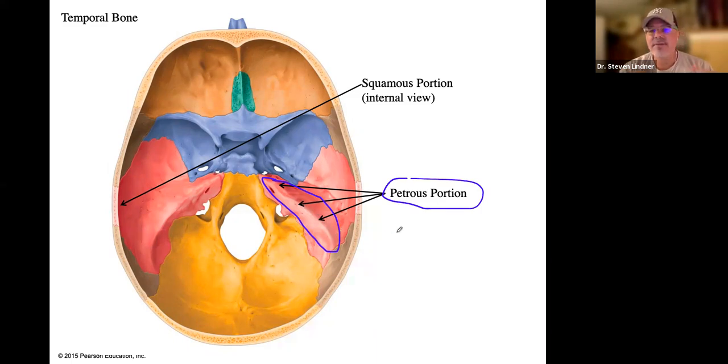It's the part of the ear that deals with hearing and balance. We can see the vestibular and the cochlear portions of the ear hidden in this. In an illustration or in your lab book or textbook, it's going to look like a snail shell, especially the cochlear portion for hearing. But the balance center, called the vestibular portion, also lies in here.